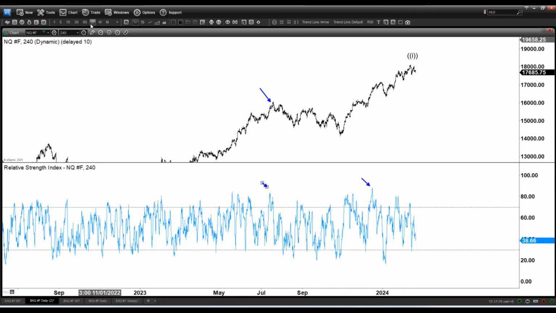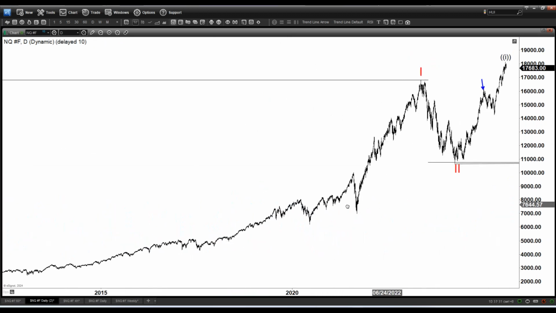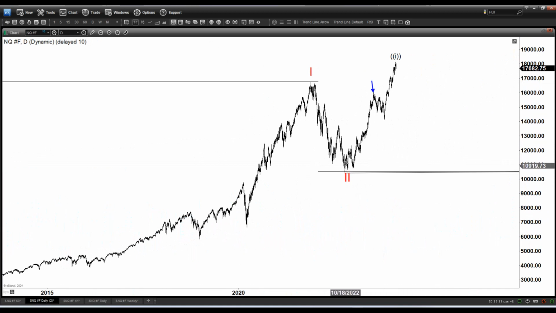So what I'm trying to see here is whether I can count 5 waves up from here, but because there is no divergence between the last high and this one, it looks to me like the connector, so that to me is a 1 and 2 here from the lows, right? So you got a 1 and 2.